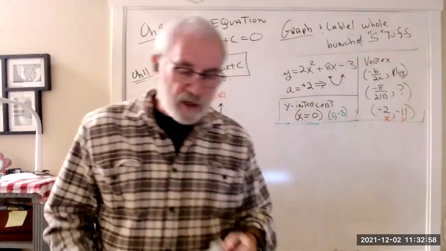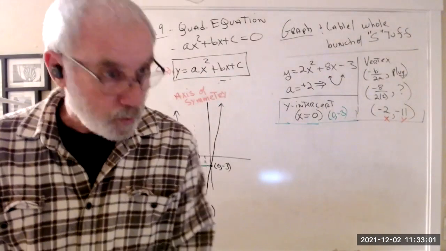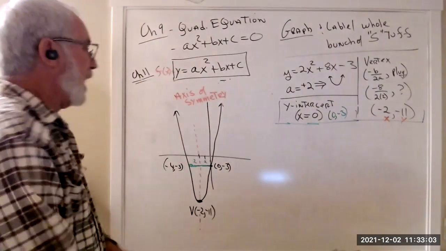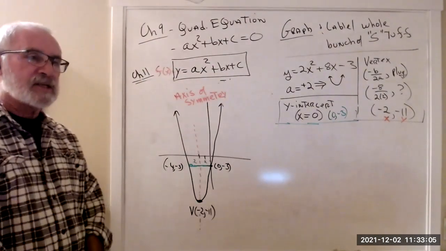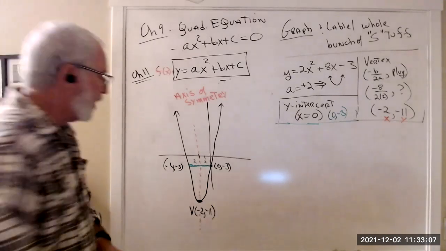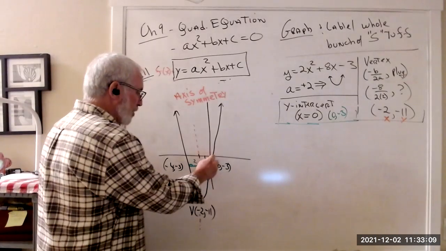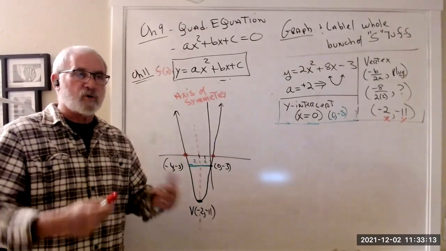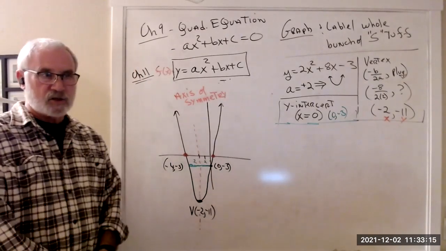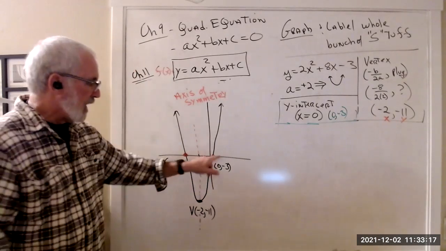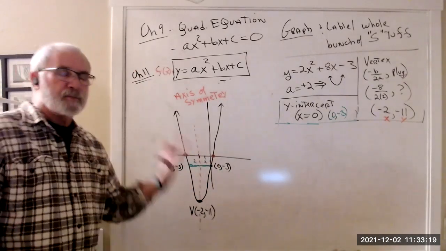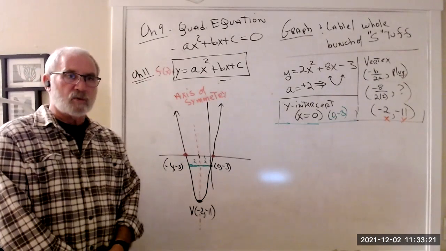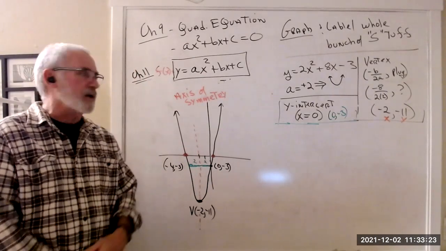If I was really cruel, which I will be, trust me, I could also ask you for the x-intercepts. Where are they? They're here and here. Those are the x-intercepts. That's where the graph crosses the x-axis. But I want to know, what are their numbers? What values are the x-intercepts?